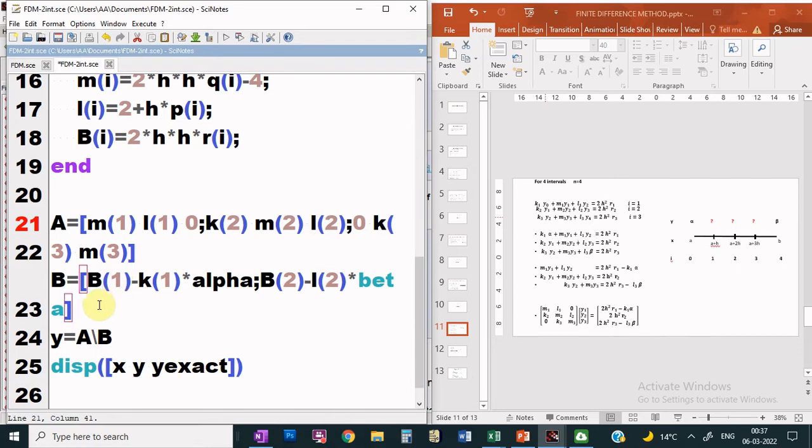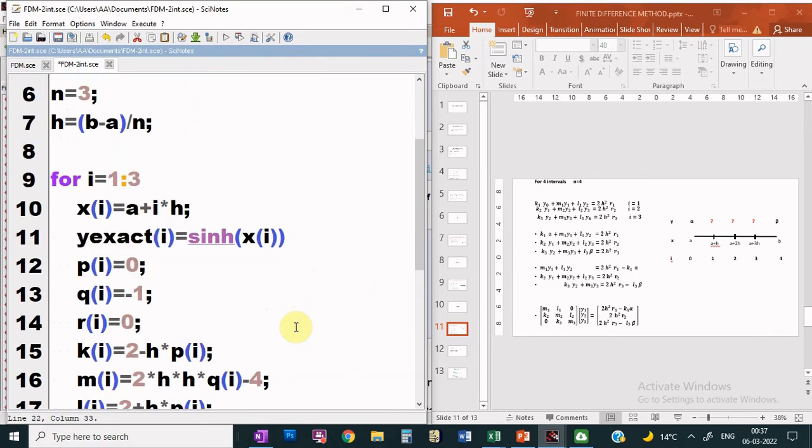So the matrix A will be modified to this, and the matrix B will be: the first element will remain the same, the second element will be only B2, and the third element will be B3 minus L3 times beta. With this minor change, this program can now be used for the 4 intervals case.